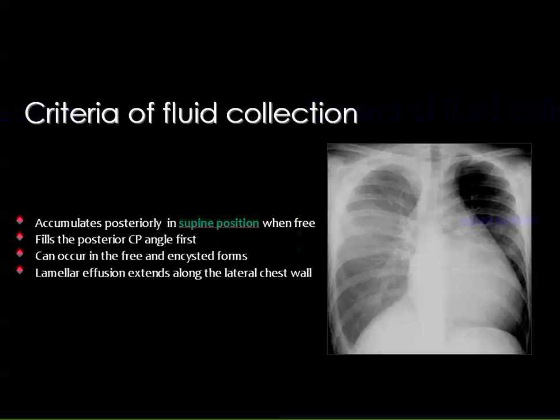Then effusion in the supine position will spread underneath the lung and results in veiling of the left hemithorax. And this is homogeneous veiling where you can see the vascular markings of the lung, and you should think of this whenever you know that this radiograph was taken in the supine position.